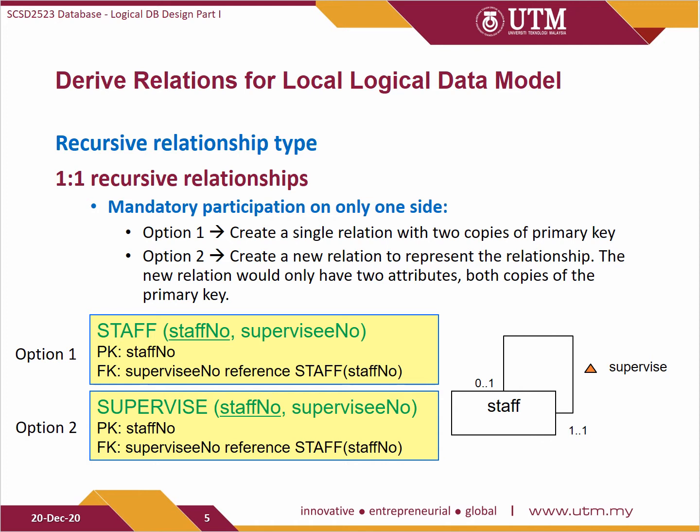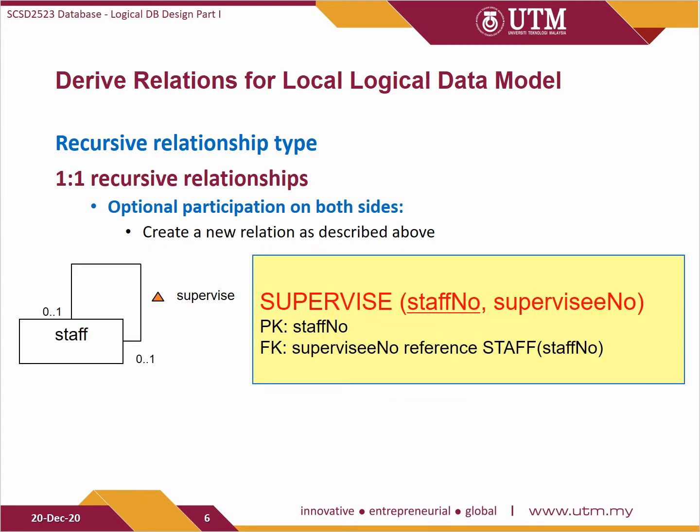For the second option, you can create a new relation to represent the relationship. The new relation would only have 2 attributes, both copies of the primary key. So for this, you have the supervised entity and then the attributes staff no and supervisee no. The primary key is staff no and the foreign key supervisee no references the staff entity with the attribute staff no. For optional participation on both sides, you need to create a new relation as described above.